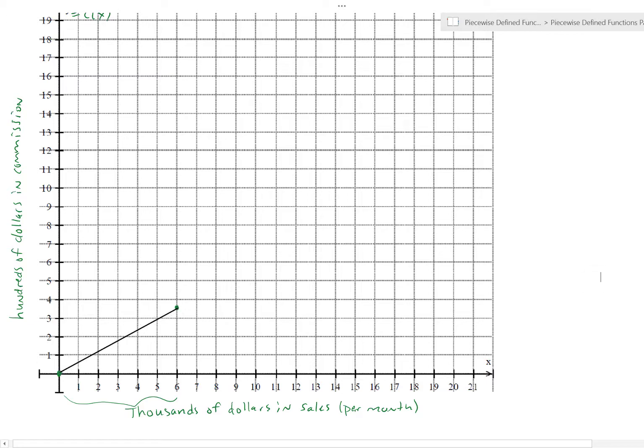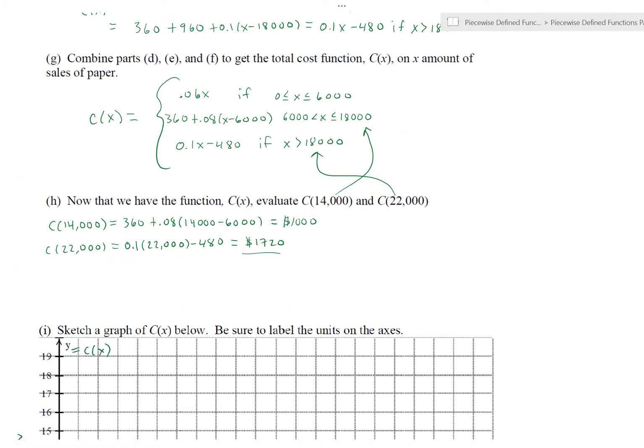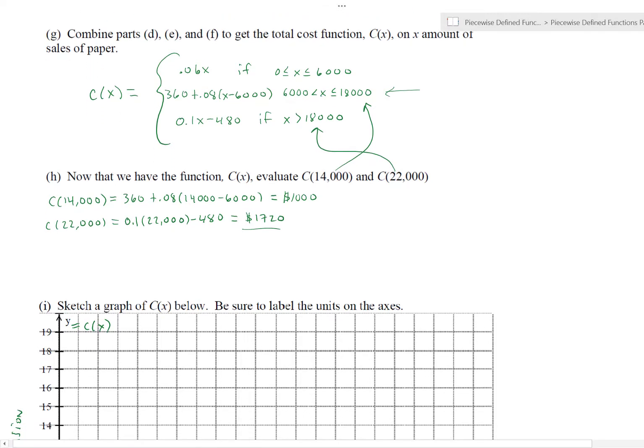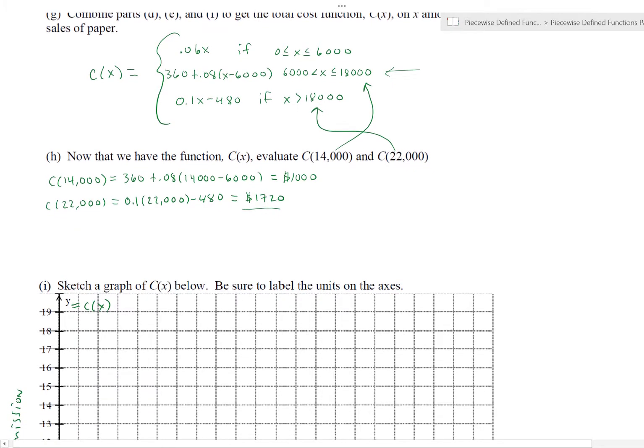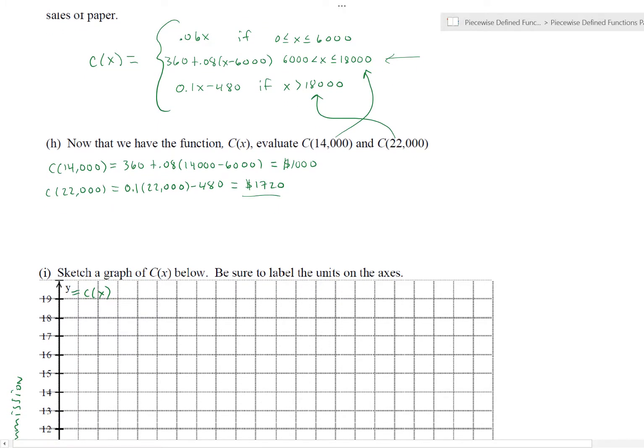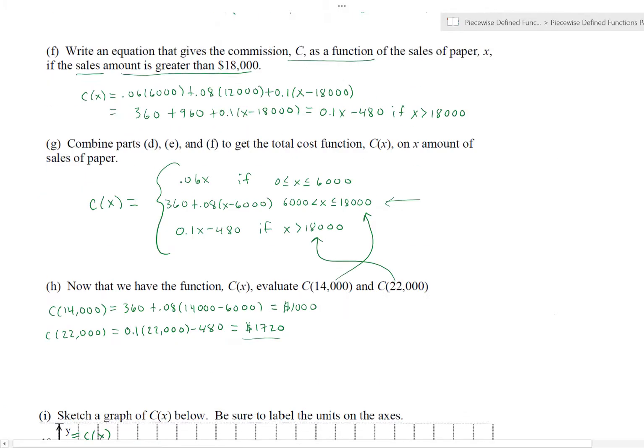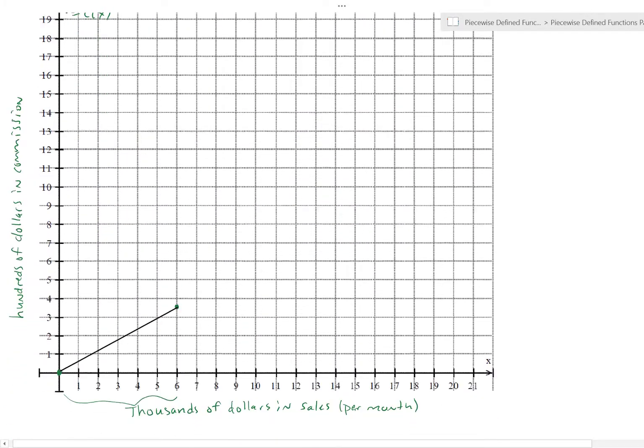And then the function switches rules to that second rule, 360 plus 0.08 times x minus 6,000. We know that at 6,000 it was 360. So the question is, what is at 18,000? Well, 18,000 times the 0.08 is approximately 960 bucks, plus the 360, so that's going to give us 1320.